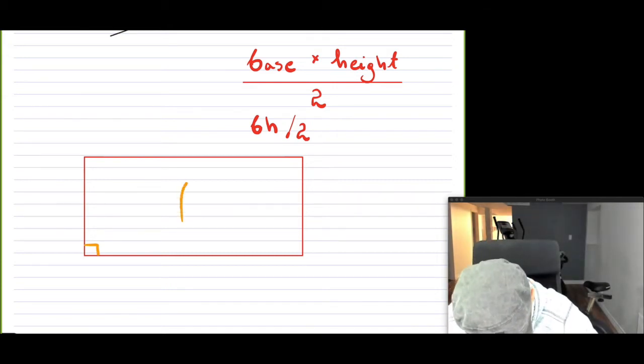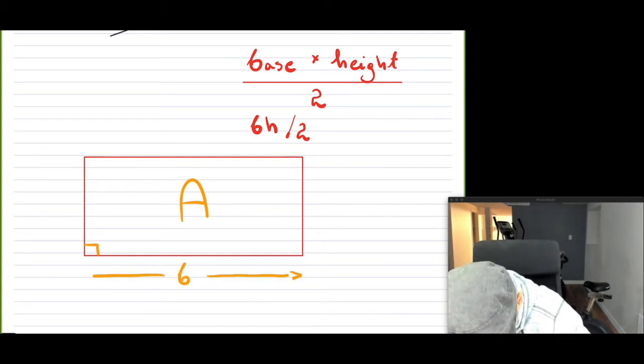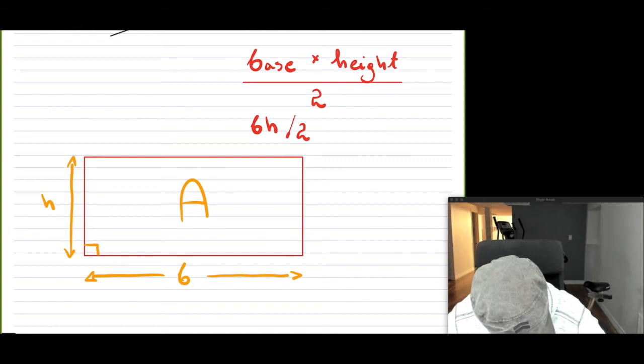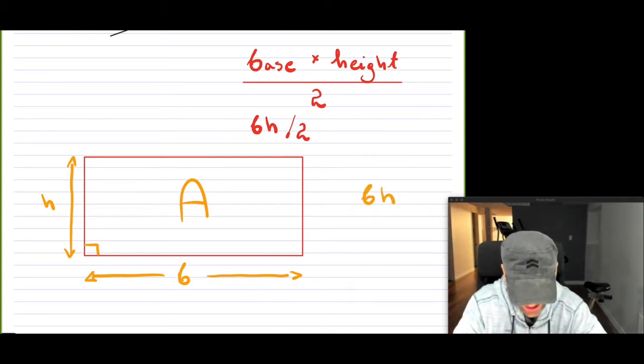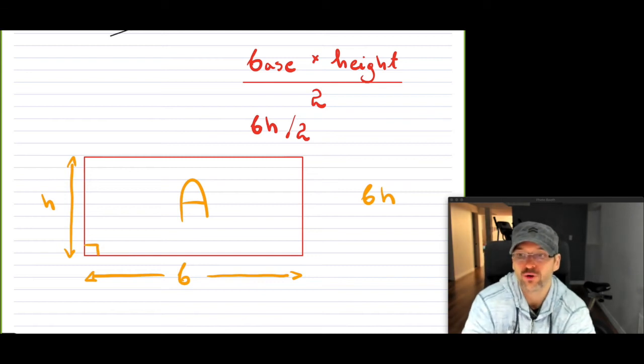So if this was your base right here, all the way, and this was your height, then everybody can see that it is base multiplied by height, and we have the area of a rectangle or a square.